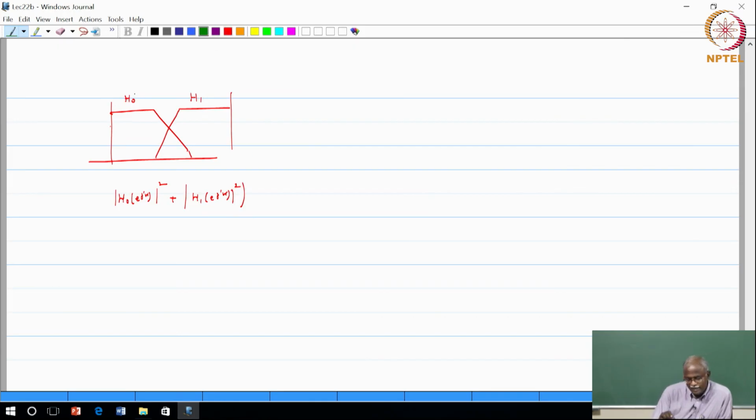I will just draw it for the purposes of squaring. This is the squaring here, and this is the squaring of this term. What I get through the addition process is something that looks like this. I want something that is a constant.